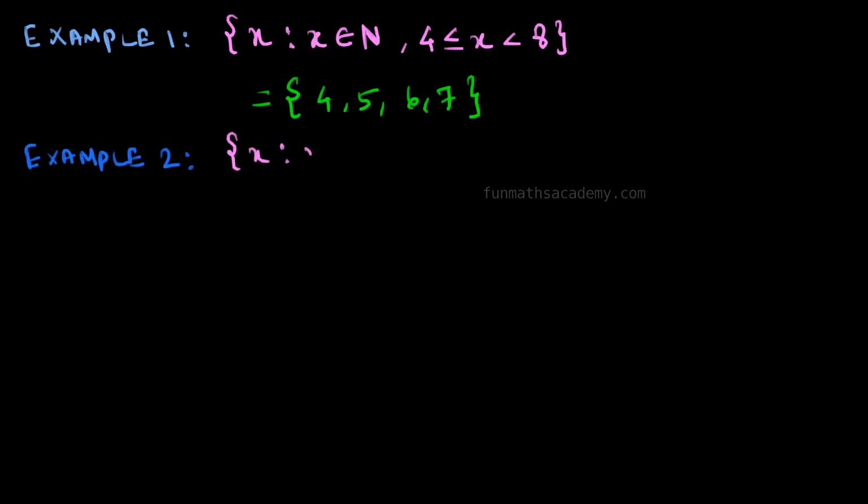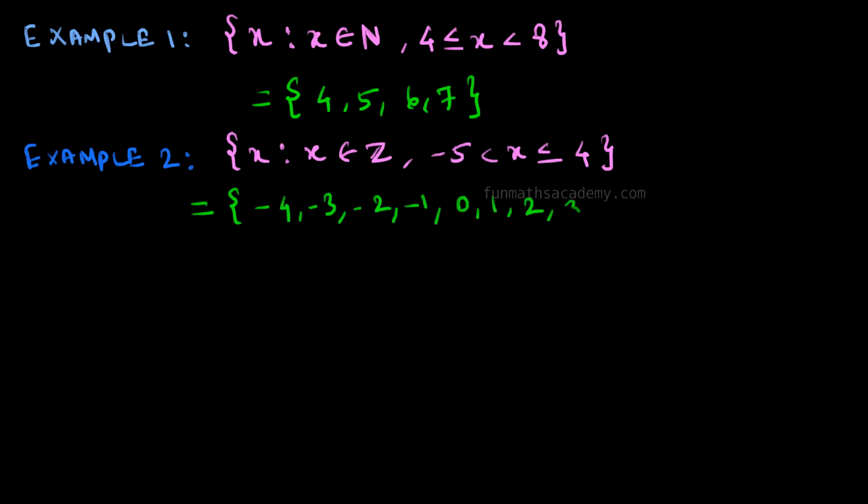Number 2. The set of all x such that x is an integer, where x lies between -5 and 4. So the elements of this set will be -4, -3, -2, -1, 0, 1, 2, 3 and 4. This set will not contain the number -5 because x is strictly greater than -5. Number 3.